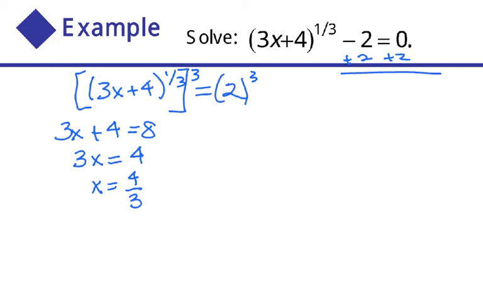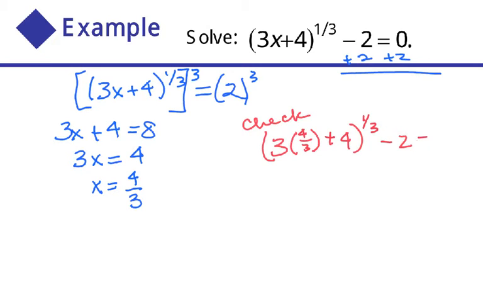So let's check that. Okay, I'll check in red. So we have 3 times 4/3 plus 4 to the 1/3 power minus 2 equals 0. So these two cancel out and you'll have 4 plus 4, or 8, to the 1/3 power minus 2 equals 0.